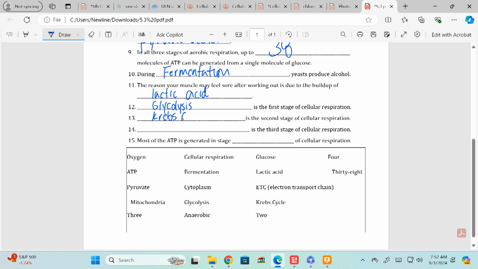And sometimes you'll see this labeled as the citric acid cycle as well. All right, 14, blank is the third stage of cellular respiration. That is the ETC, electron transport chain. And then last one here, most of the ATP is generated in stage 3. That ETC is where most of the energy gets made.